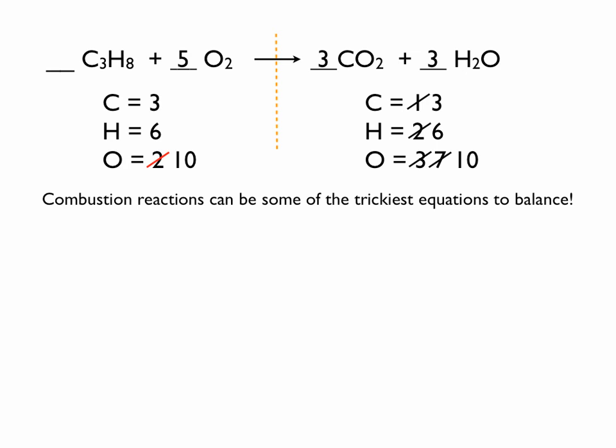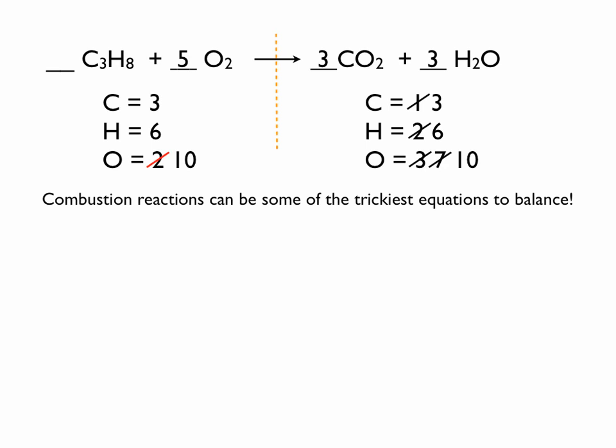So then we look back to the other side of the equation, and by placing a 5 in front of the O2 as a reactant, you can see that we now balance out the oxygens. We've got 10 on each side, and this equation is fully balanced. Some combustion reactions can be really tricky, and the tricky ones are the ones that have an even number of carbons.